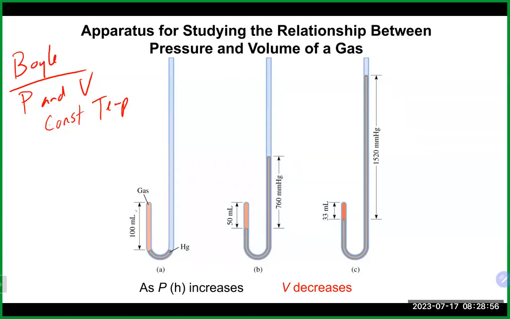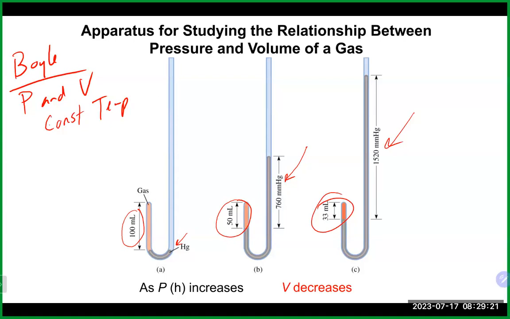Here we have 100 milliliters versus 50 milliliters, and with 100 milliliters, larger volume, smaller pressure. Here, though, we lower the volume, we see a much higher pressure. We lower the volume even more, we see a jump in the pressure, as well as a much greater amount of mercury in the column.